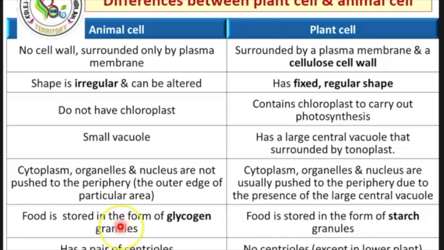In animal cell, food is stored as glycogen, while in plant cell, food is stored in the form of starch granules. Animal cell has a pair of centrioles, while plant cell has no centriole. Lastly, lysosome is almost always present in animal cell, while in plant cell, lysosome is not normally present except in some species.